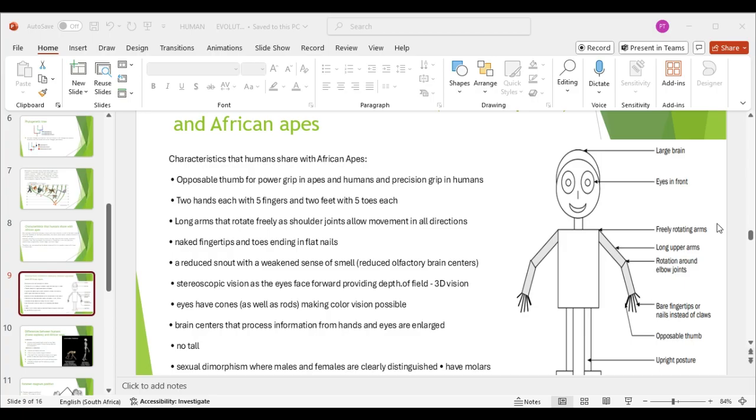And then lastly, there's sexual dimorphism where males and females are clearly distinguished. So between humans and apes, we are able to distinguish male and female gender. Those were the similarities between apes and also humans.